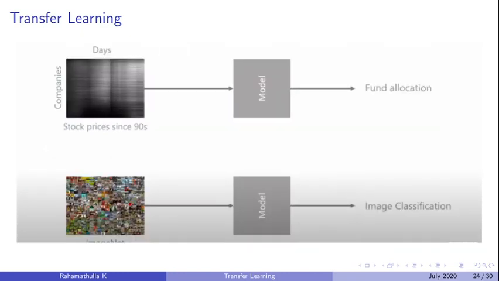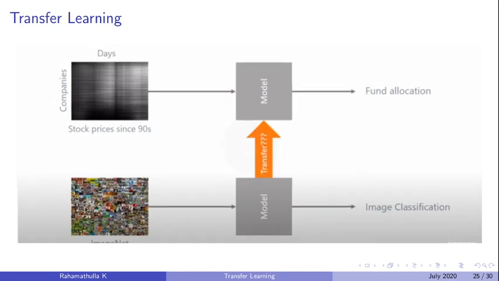What are the limitations of transfer learning? If transfer learning is that good, then why can't you apply it in each and every possible neural network application? The tasks must be related.